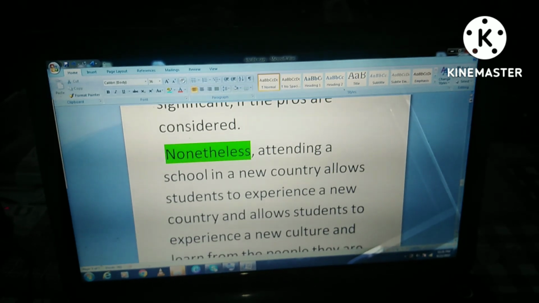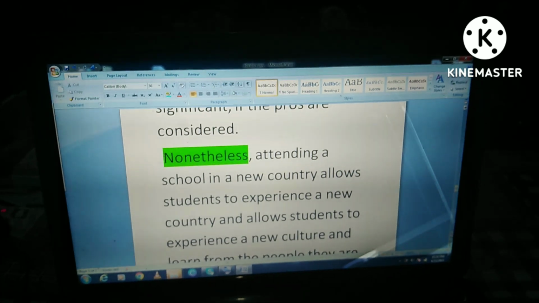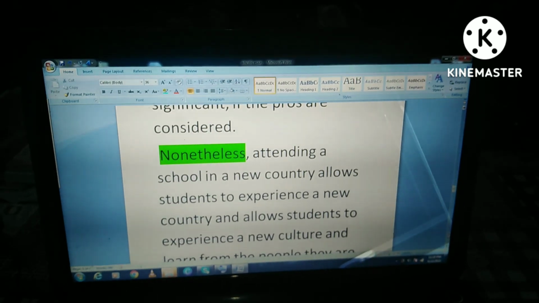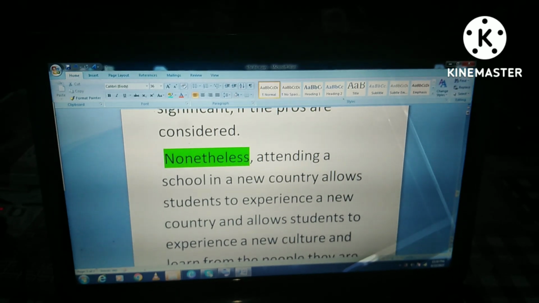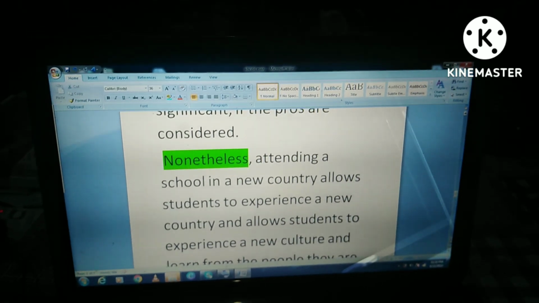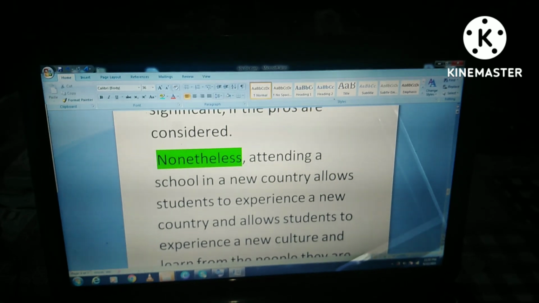Now, with the help of "nonetheless," I am going to show here the flip side of the coin. In the first paragraph, I declared all the demerits, and now it's time to discuss the benefits of the exchange program.